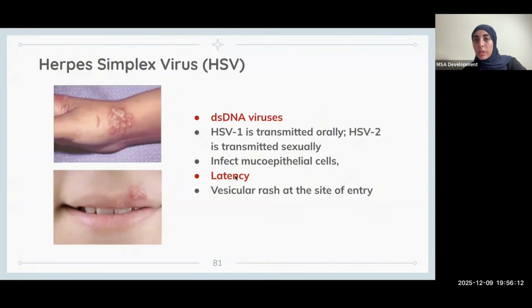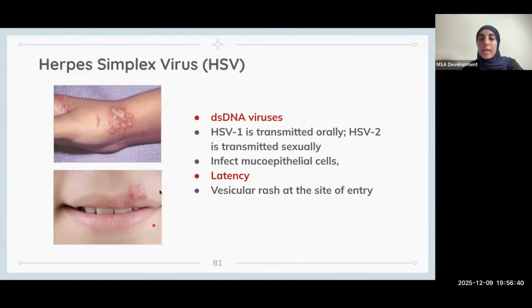It's going to go into the neurons and then the sensory ganglia, and the virus will hide there after the primary infection has resolved. Then when the person is stressed or gets immunocompromised, they're gonna get reactivation of this viral infection. And this latency is a feature in all of the herpes family, okay? One of those is herpes simplex.